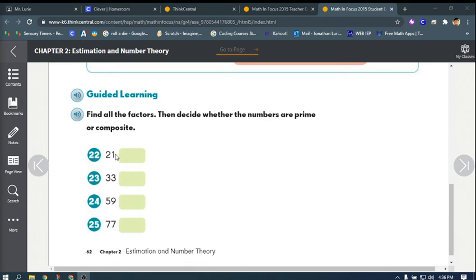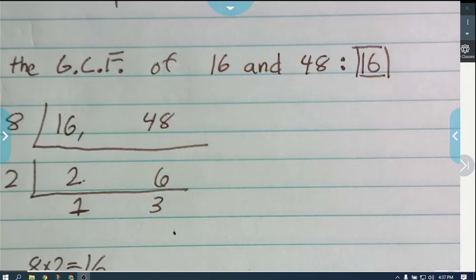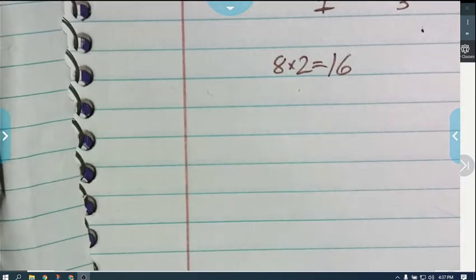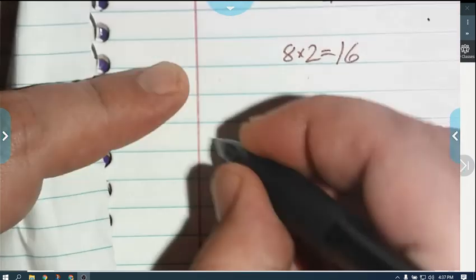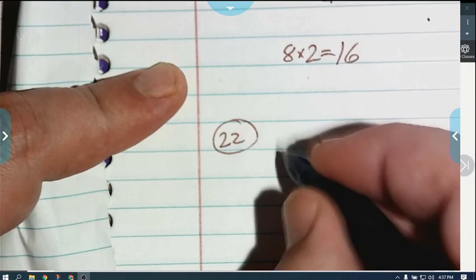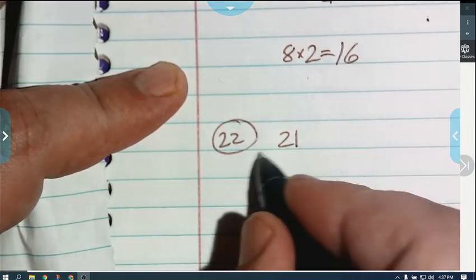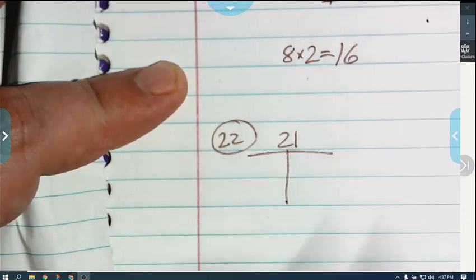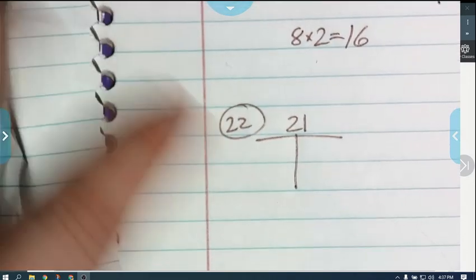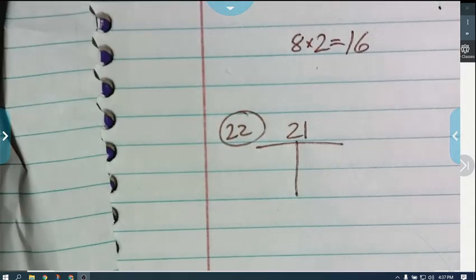So let's do it for 21. We've got to find the factors of 21. This is problem number 22 in Learning. So I make my little T-chart, and let's do it systematically.